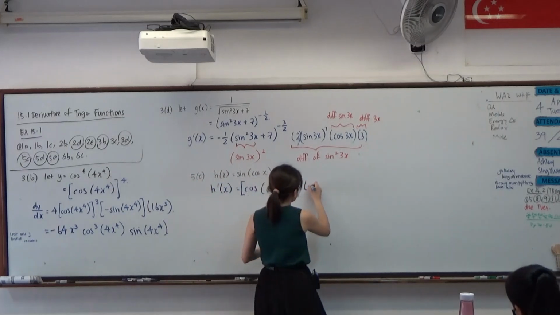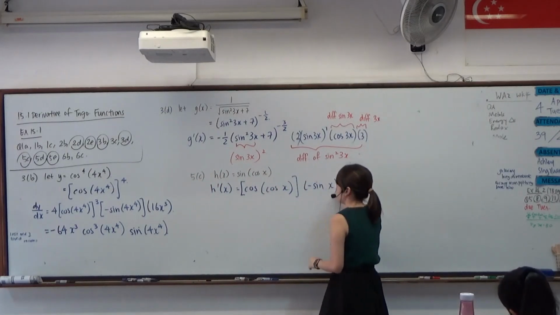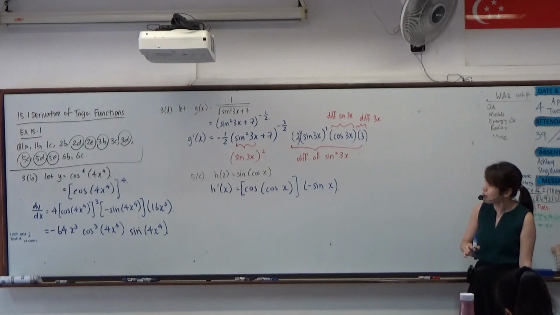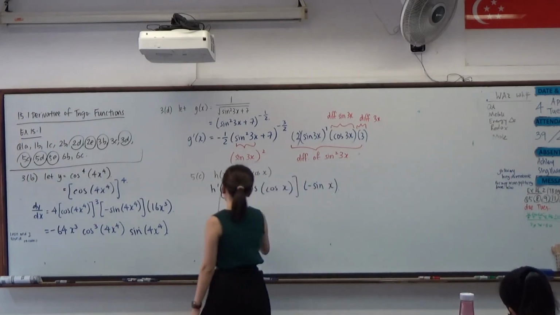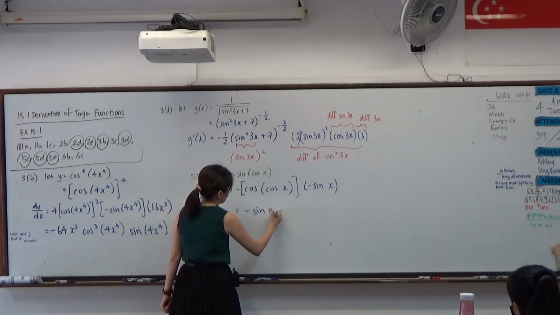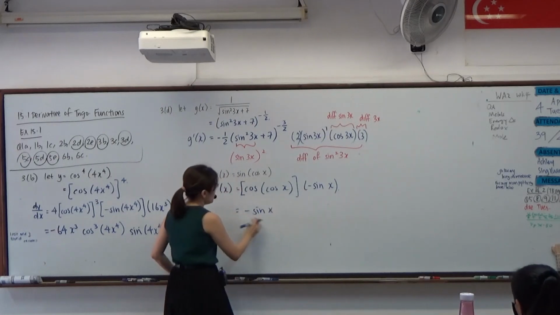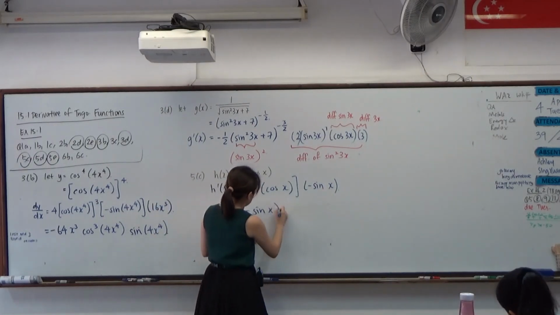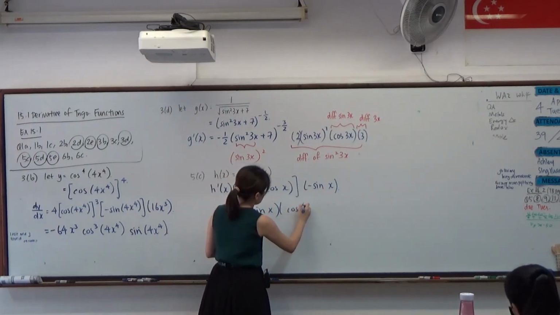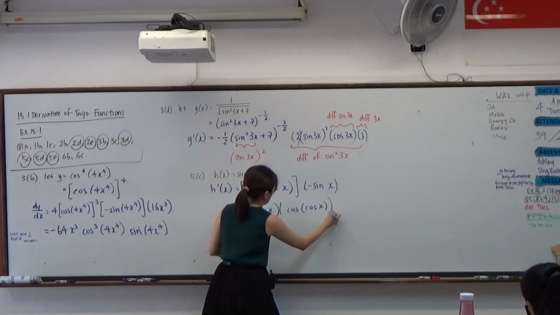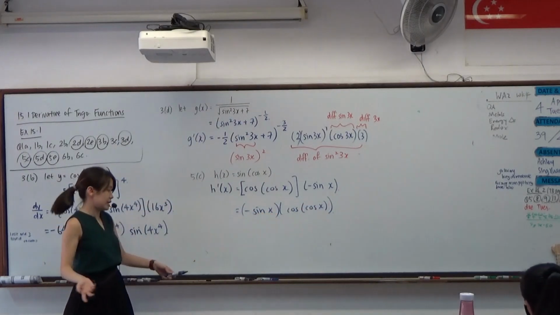That will give us negative sine x. So by simplifying this, I'll just bring the negative to the front. So negative sine x. If you want, you can put brackets. And then cosine x.